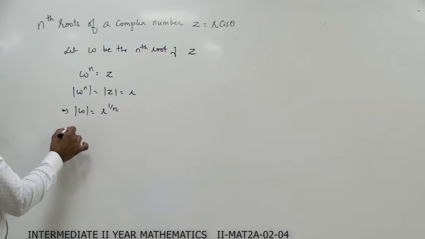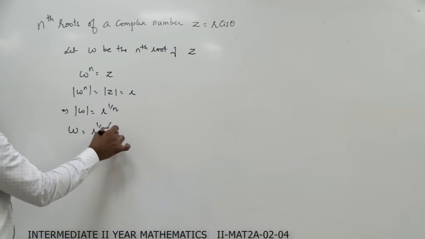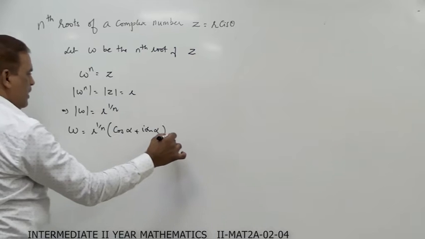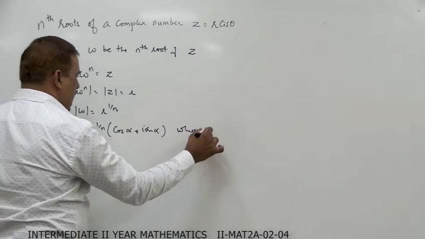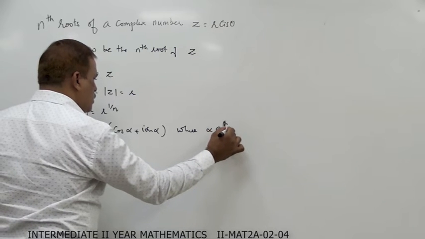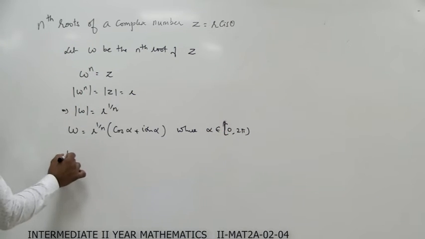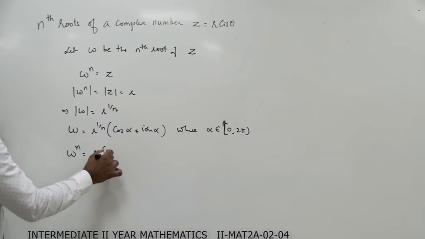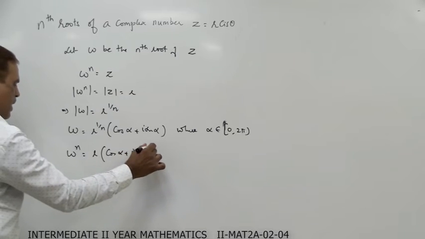Then omega is equal to r power 1 by n into cos alpha plus i sin alpha, where alpha belongs to 0 to 2π. Omega power n is now equal to r into (cos alpha plus i sin alpha) whole power n.